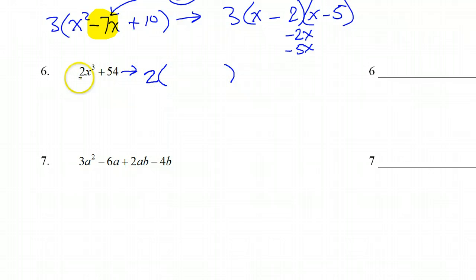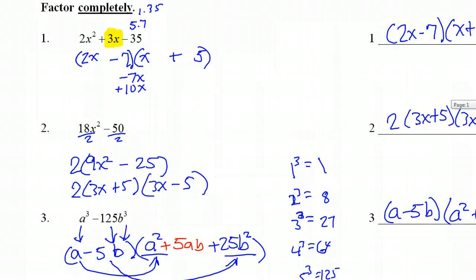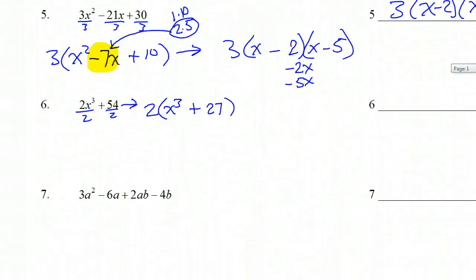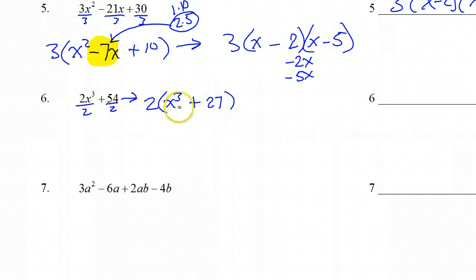So then you see, and remember we're dividing, that really we have x to the third power plus 27. Now x to the third power is a cube. Is 27 a cube? Yeah, boom, it's 3 to the third power. So now that tells us that this is the sum of 2 cubes, so we can go ahead and do it.